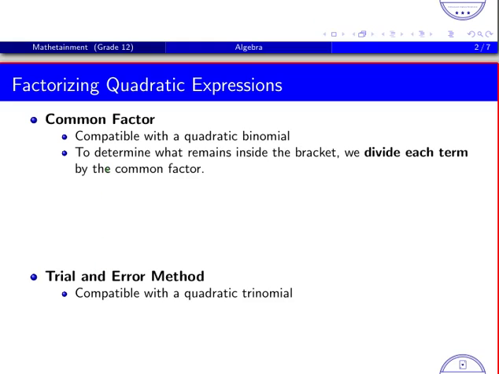Factorizing on its own is when you are converting your expression from having more than one term and you want it to have a single term. When you write your expression in a factorized form, then it only has one term. So, from the examples that you saw above, to employ a common factor is usually compatible with a quadratic binomial.